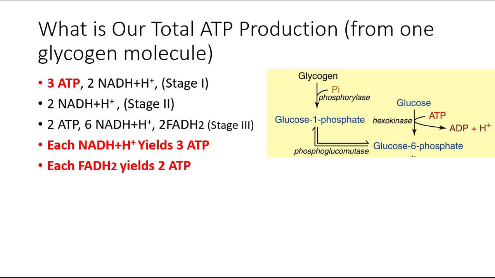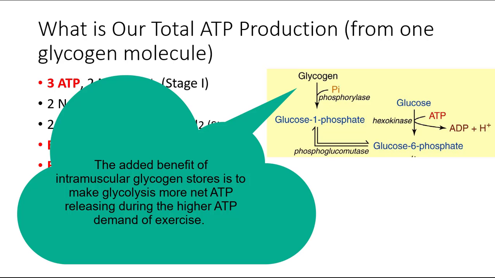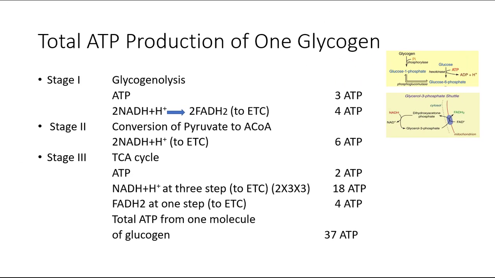Muscle glycogen is therefore an effective means to store glucose, with a small metabolic cost being paid at rest when there is ample ATP regeneration via mitochondrial respiration. The added benefit of intramuscular glycogen stores is to make glycolysis more net ATP releasing during the higher ATP demand of exercise.